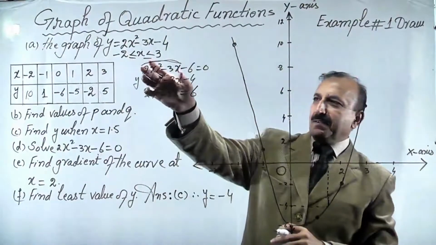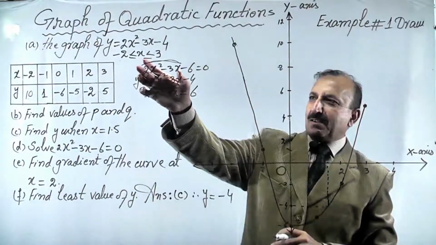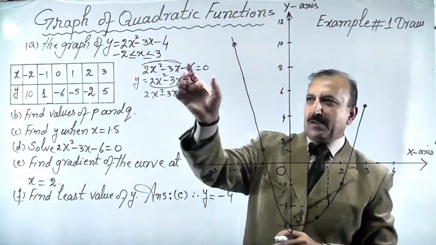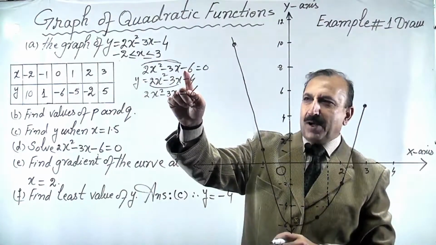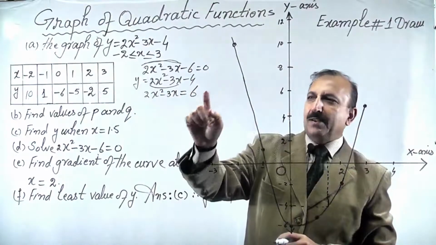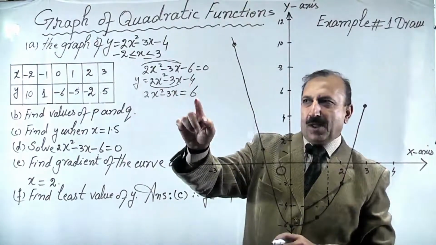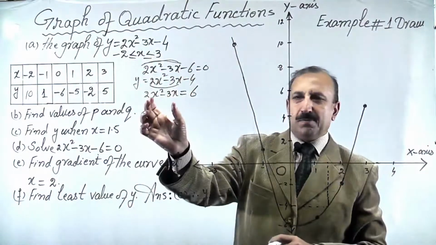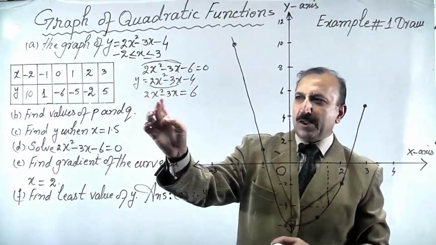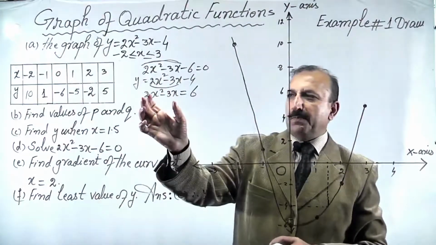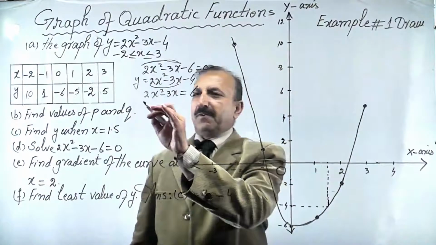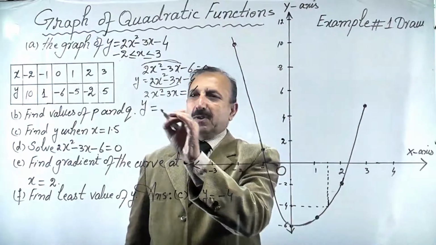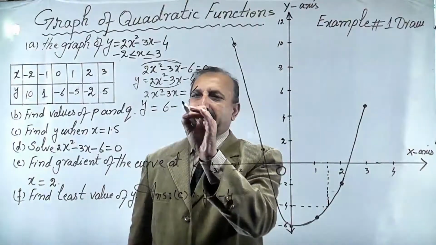What I did, I just got the value of this from this equation by transferring this minus 6 towards the other side, that becomes positive here. And the remaining I have these two terms. So the value of these two terms is 6, and we will pick the value of this, that is 6, and we will put it in the function, that will become y equals 6 minus 4.